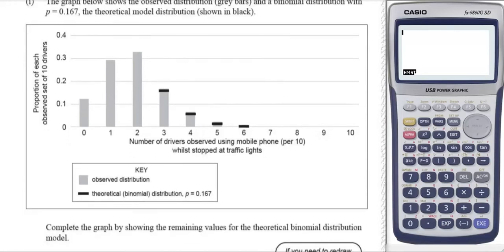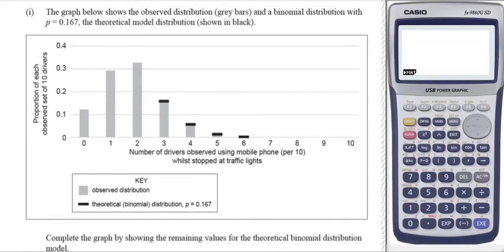And we're being asked to complete the graph by showing the remaining values for the theoretical binomial distribution model. So the missing ones are here on the 0, 1 and the 2. We don't need to bother up here on 7 and higher because the probabilities will be that close to 0 that it would be impossible to kind of draw on. But we do need to do it for the 0, 1 and 2.